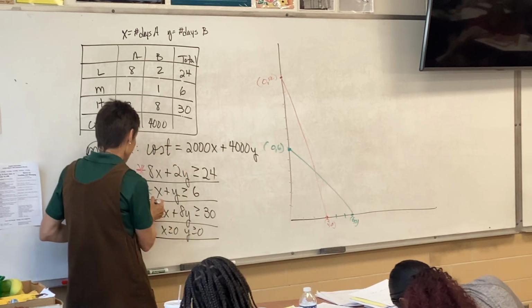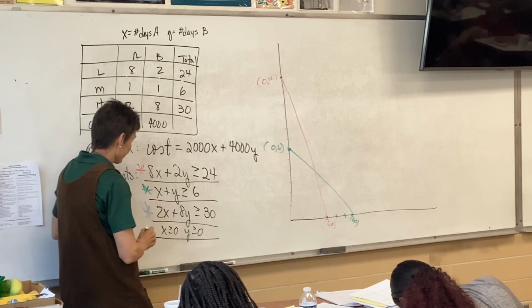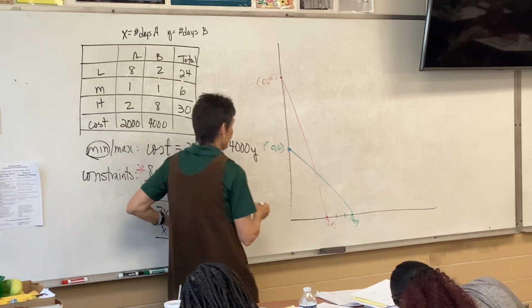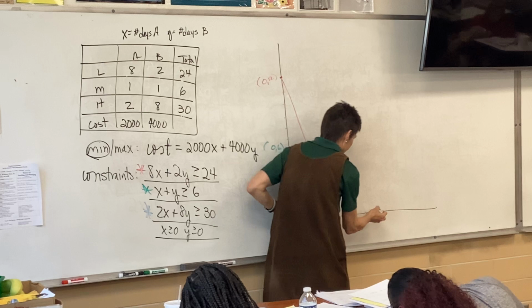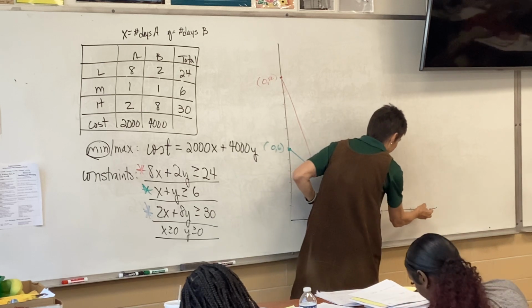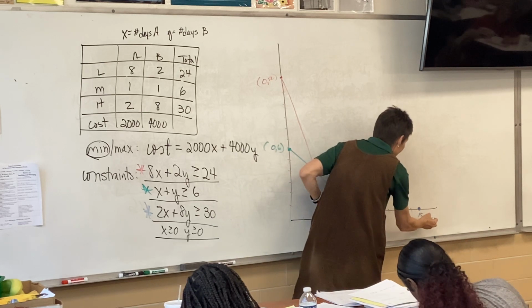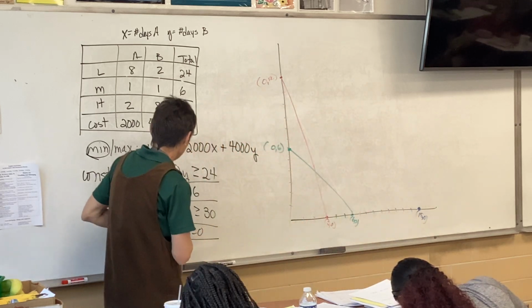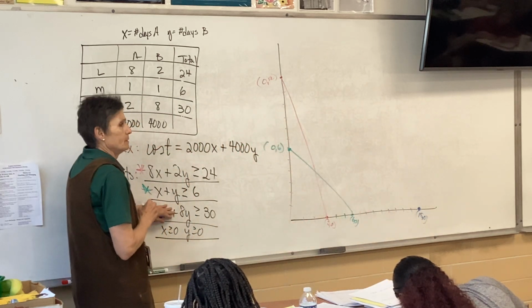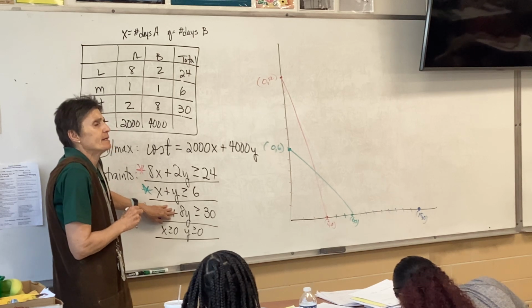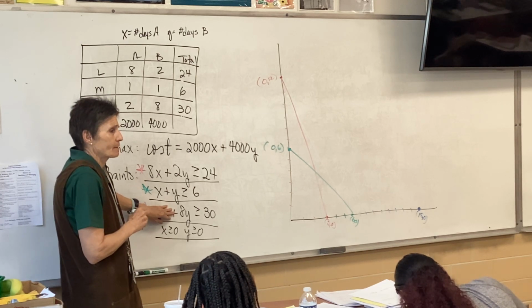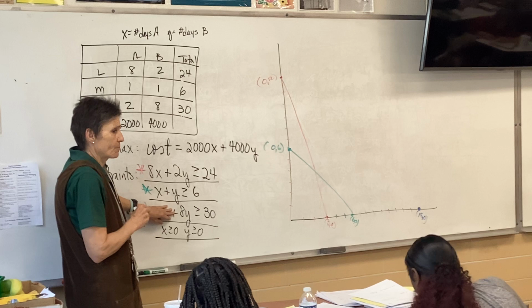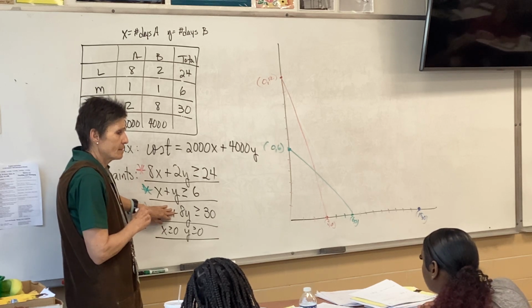And then finally, 15 for X. Remember, don't panic, just add boxes if you need to. You can extend your graph. 30 divided by 8, 3.75.